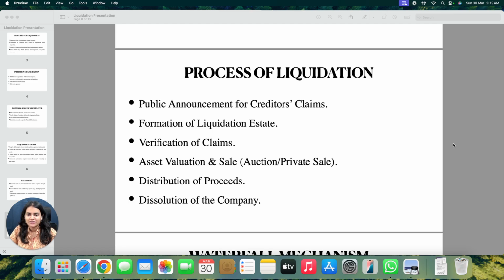Liquidation. So, upon appointment of a liquidator, as we have already discussed in the previous session, a liquidator is required to issue a public announcement under Form B. So, this public announcement invites claims from various creditors, and it has to be published on the website of the corporate debtor, the website of IBBI, and it shall be published in the newspapers, one in English and one in the vernacular language of the registered office.